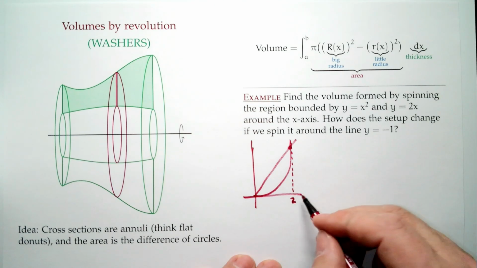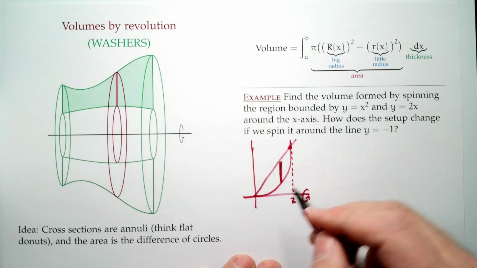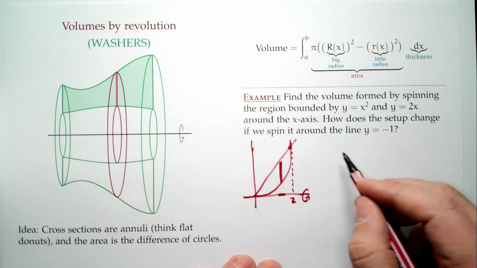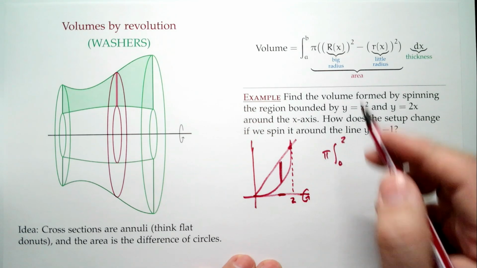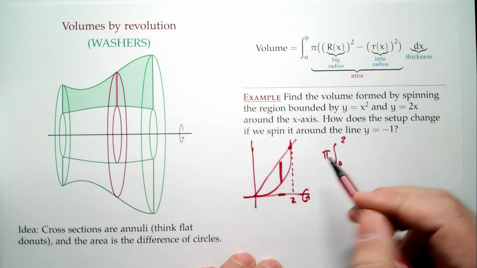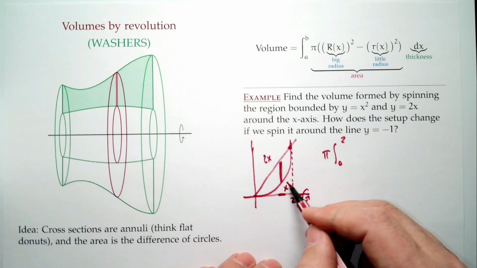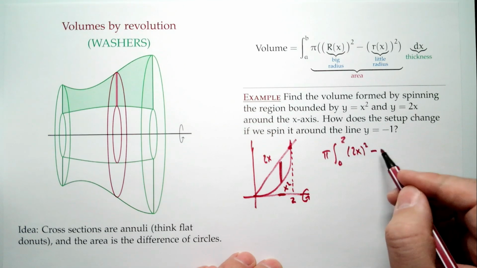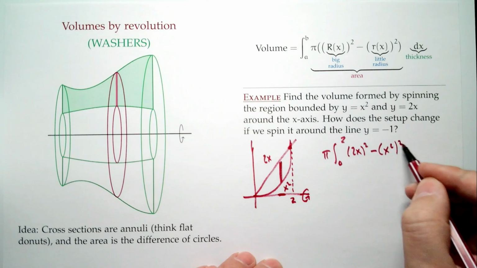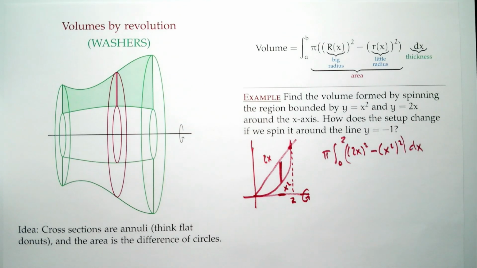So if we were to spin this around the x-axis, we have pi times the integral from 0 to 2, the pi being from there. The top curve is 2x, the bottom curve is x squared. So it would be (2x) squared minus (x squared) squared dx. That would be if we spun it around the x-axis.